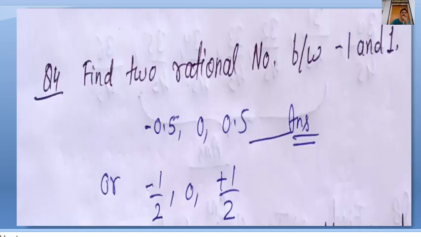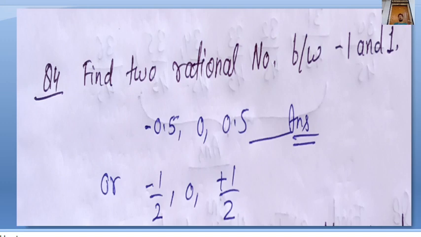Next. Find two rational numbers between minus 1 and 1. In the starting, I have told you, with the help of decimals we can very easily write. And one thing I have also told you, whenever you are going to write many numbers, whether two numbers or three numbers or many numbers, between any two rational numbers, it is very easy with the help of decimal form.